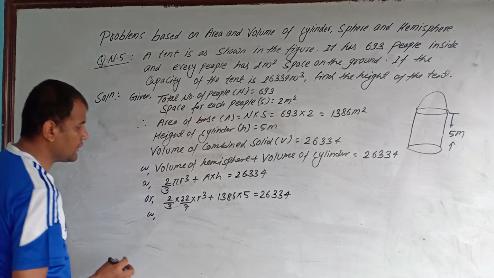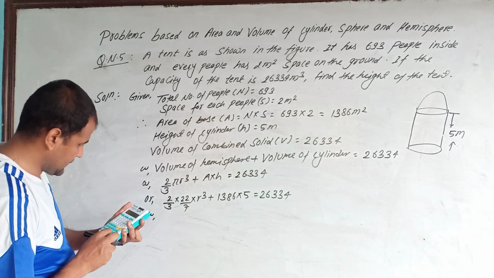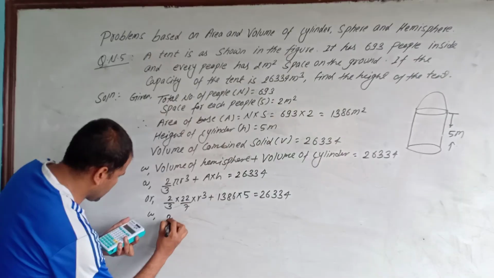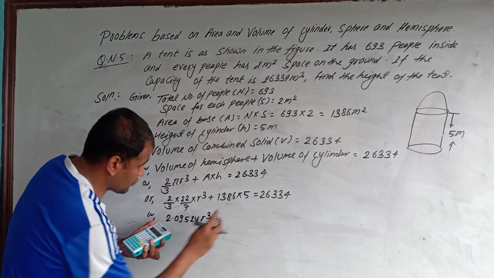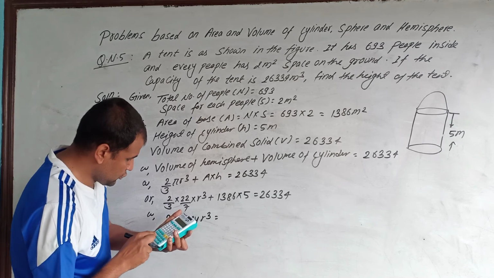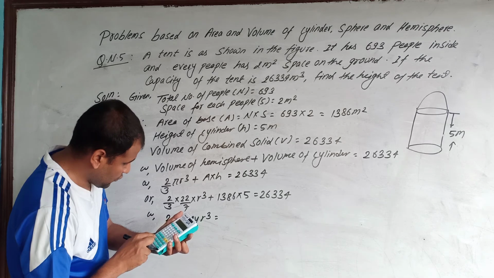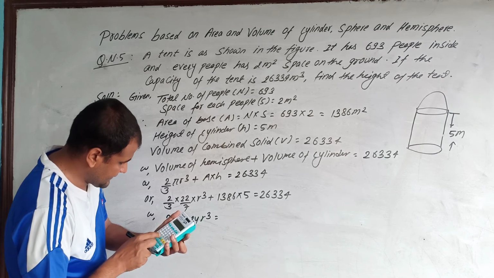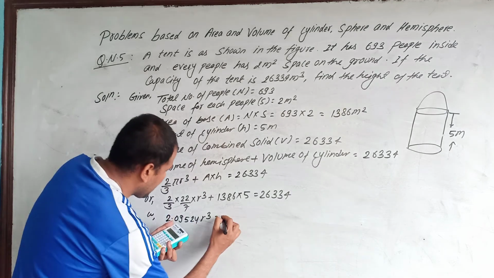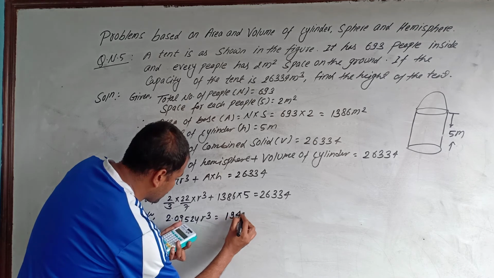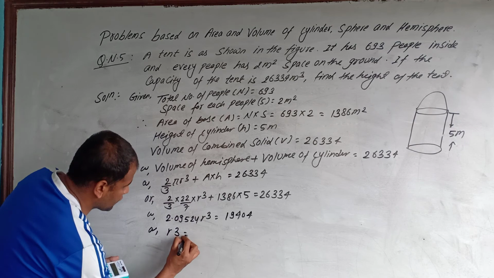Or 44 by 21, 44 by 21 is equal to 2.09524 r cube is equal to 26334 minus 1386 into 5, that is equal to 19404.